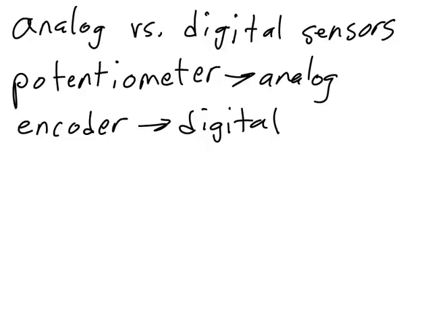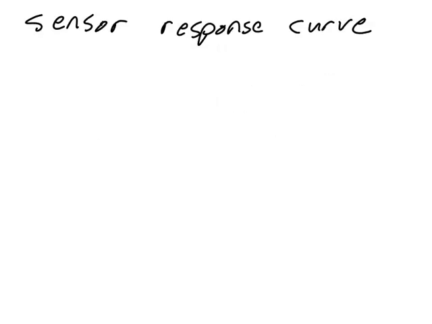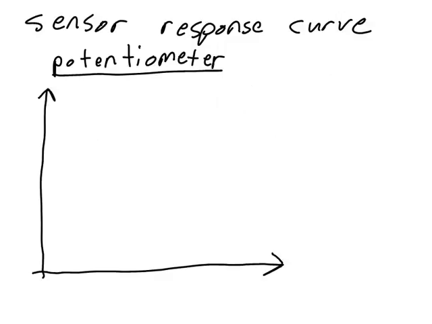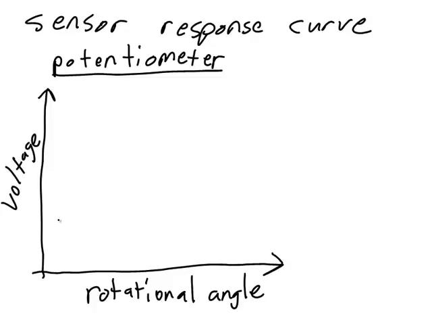The potentiometer curve would look smooth, but the encoder curve would look like a stair step. Let me show you an example. For a potentiometer, the input is rotational angle, and the output is resistance, which we will convert into voltage. The response curve might look something like this.